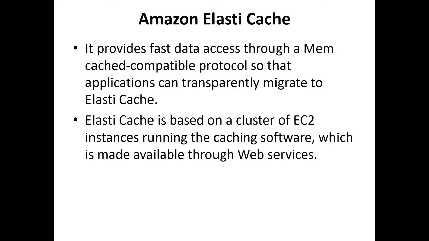Build data intensive applications or boost the performance of your existing database by retrieving data from high throughput and low latency in-memory data stores. Amazon ElastiCache is a popular choice for real-time use cases like caching, session stores, gaming, real-time analytics and queuing.